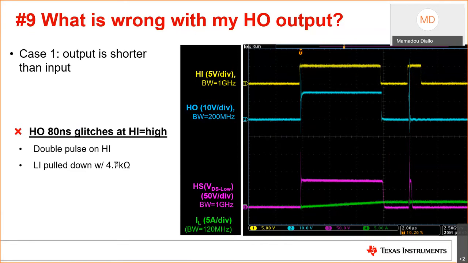Allow me to pull up this poll here. Okay. I'll move it over just a little bit. So again, this is a double pulse test commonly used for bridge topologies.